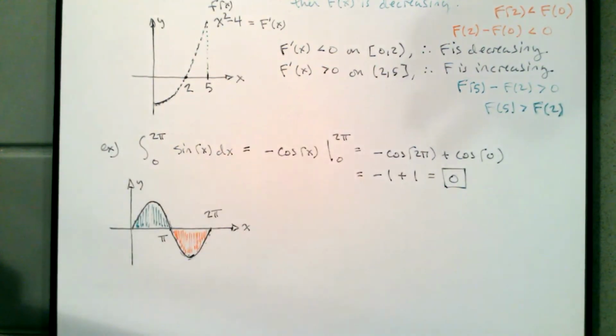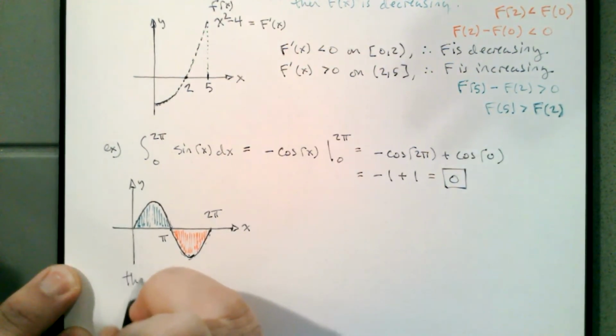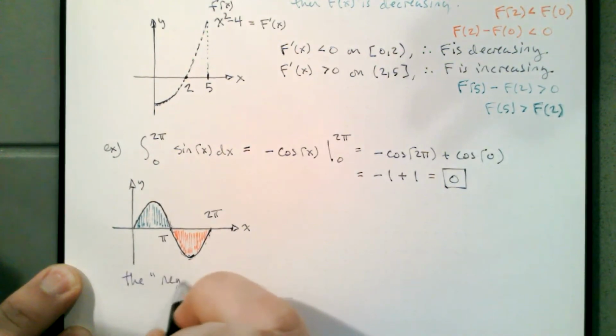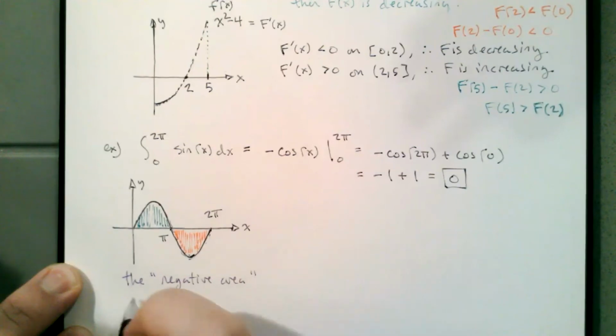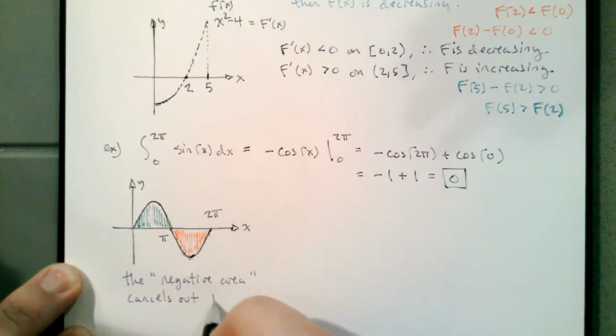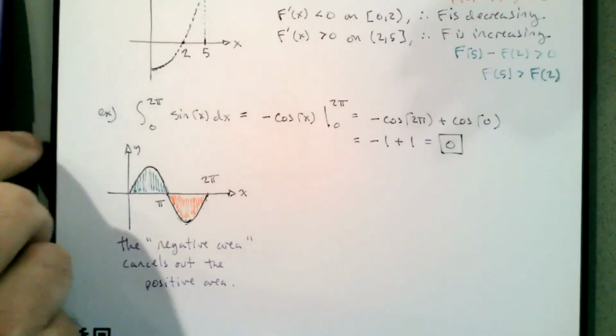The negative area cancels out the positive area.